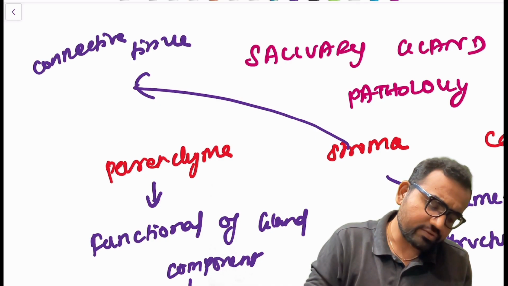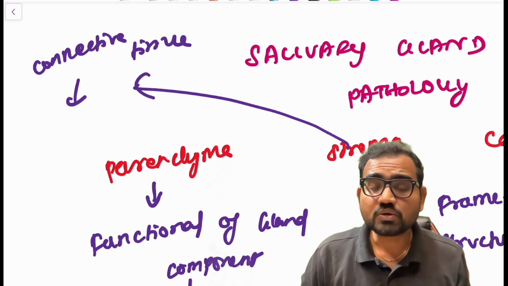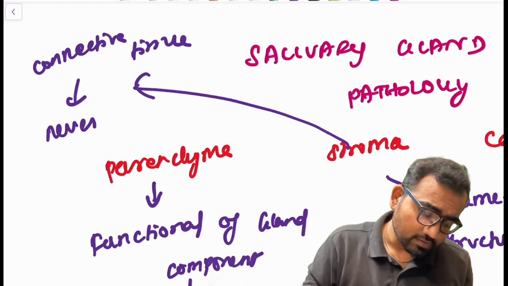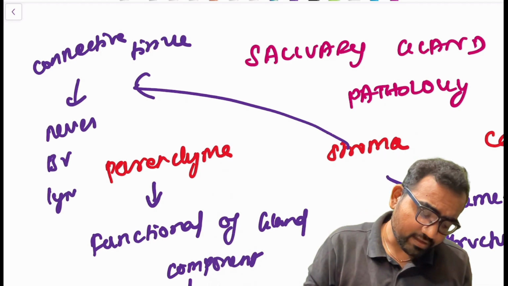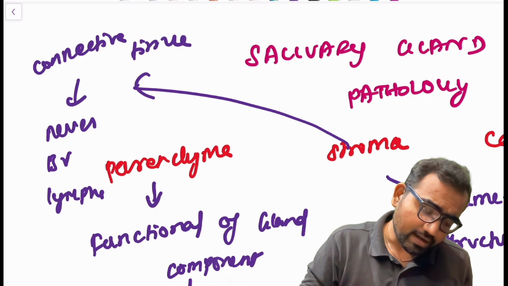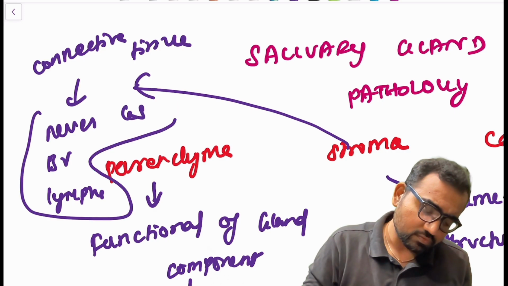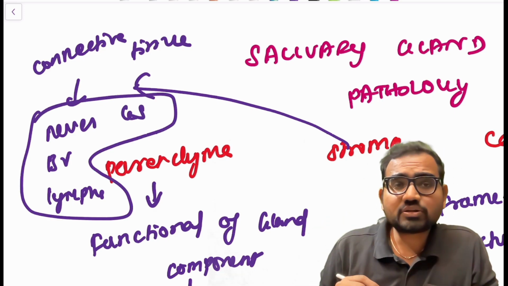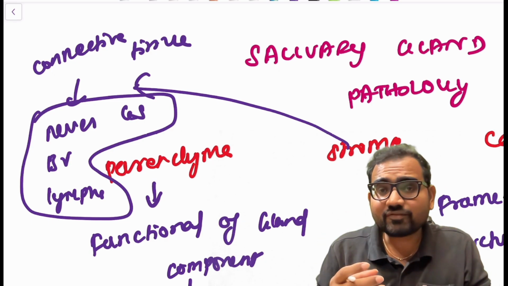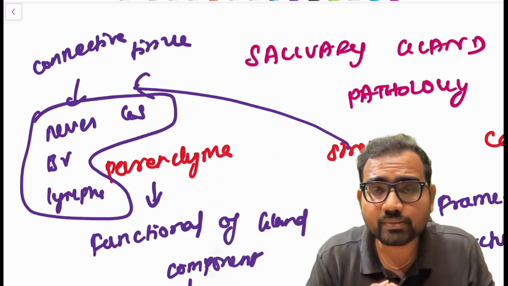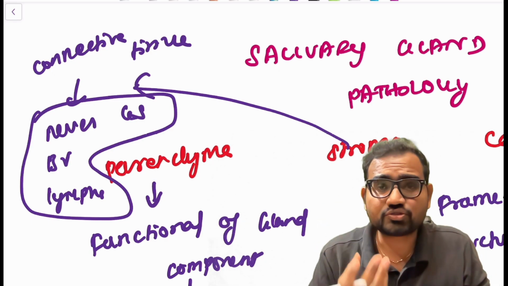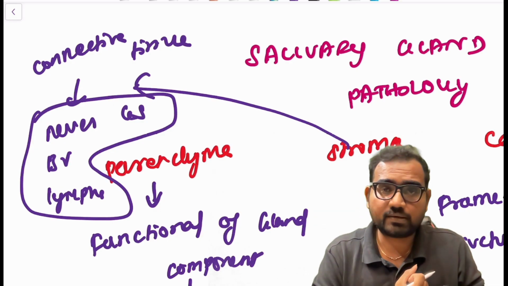The connective tissue will have nerves, blood vessels, lymphatics, and also ground substances. All those things will be present in the stroma, the connective tissue, structural component, framework to the gland.